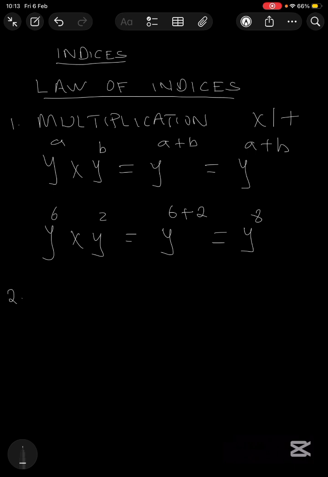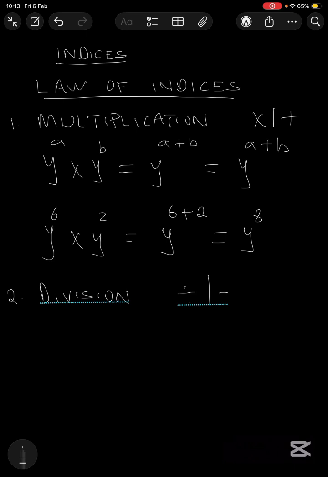Number 2, we have division as a law of indices. Division is the same as subtraction.